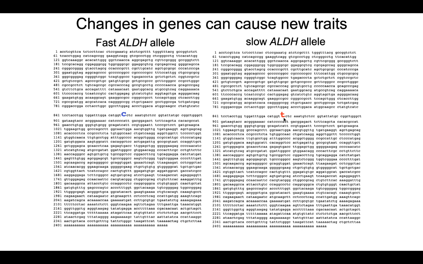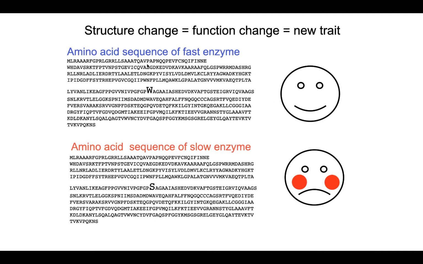Now that one change in the sequence of the gene causes a single change in the amino acid. In the fast enzyme, we've got the W amino acid, and in this one here, we have the S amino acid. So I believe that's a tyrosine to a serine.